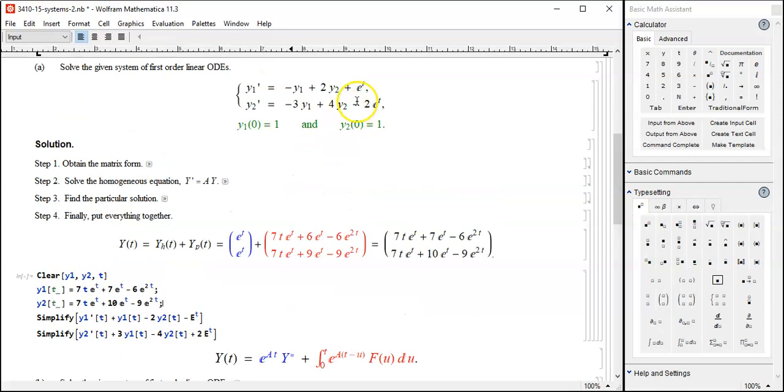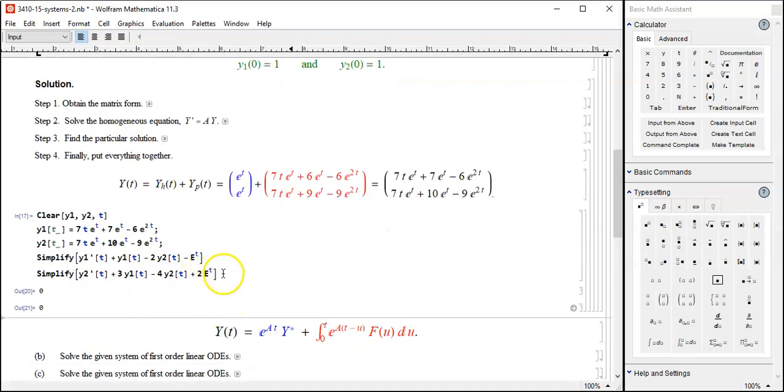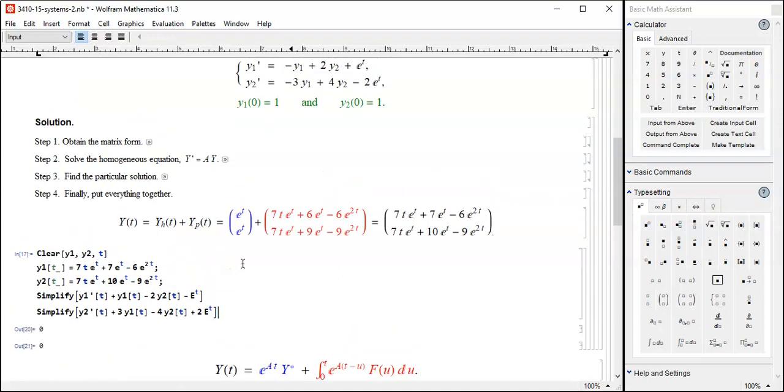And then these are the differential equations, so y1 prime, and then flip all these to the other side, and then got this expression, and then make Mathematica simplify. You have to get 0 because these two are equal, and then flip all the right hand side to the left hand side, so equal to 0. And indeed, equal to 0 for the first line, equal to 0 for the second equation. That's how this command is working.